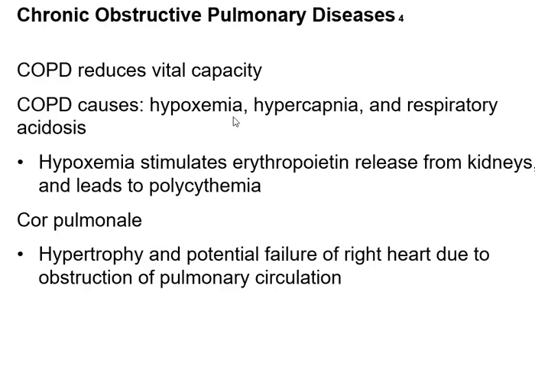Other things to know about COPD, obviously you're not going to get enough oxygen, you're going to have too much carbon dioxide, and you're going to have acidosis because that goes hand in hand with too much carbon dioxide. And when you are oxygen deprived, you are going to make erythropoietin, which is a hormone that's released from your kidneys, and it makes you make too many blood cells.